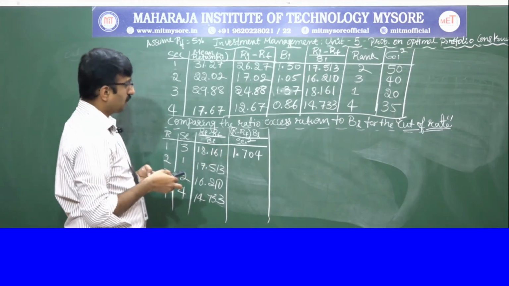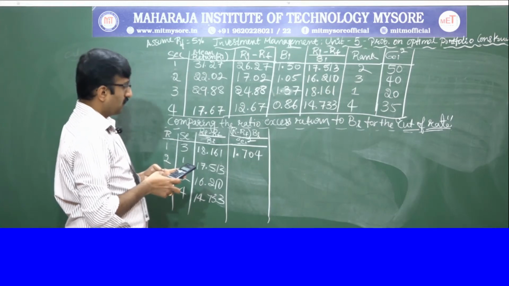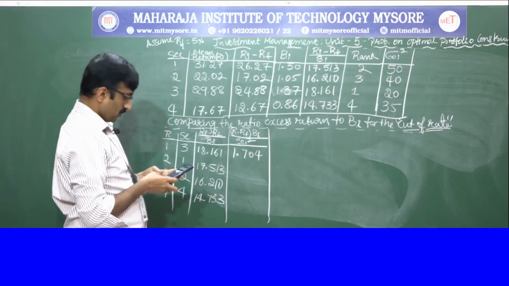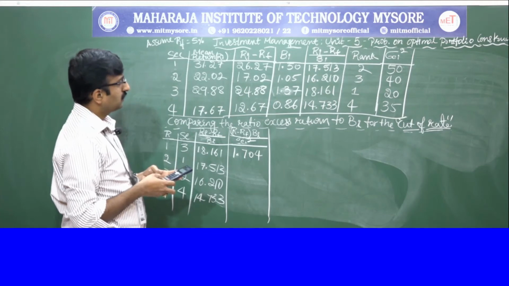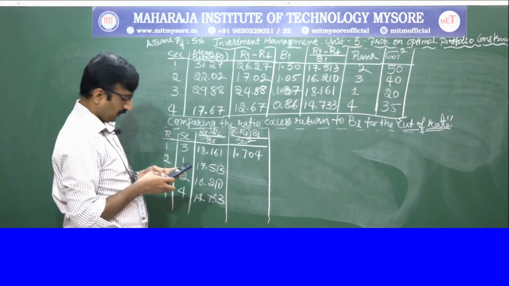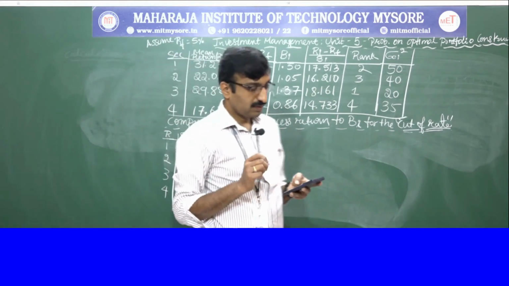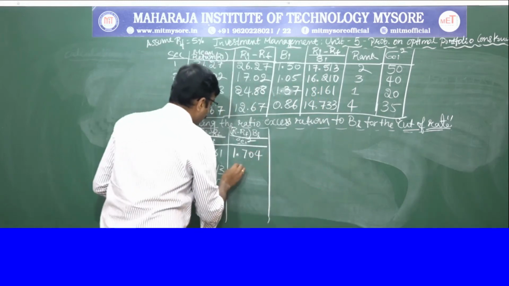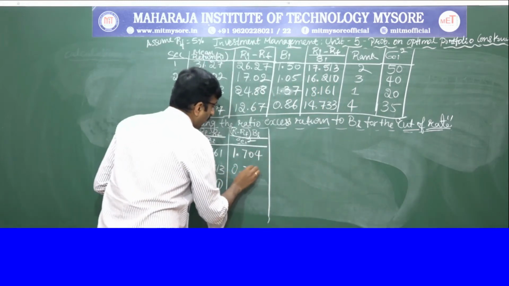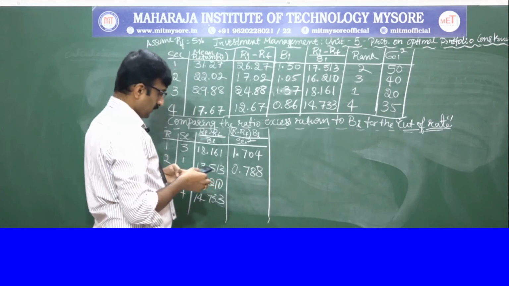Same thing you do for the subsequent, that is the second one, 26.27 into 1.50 divided by 50. So we will get 0.788.